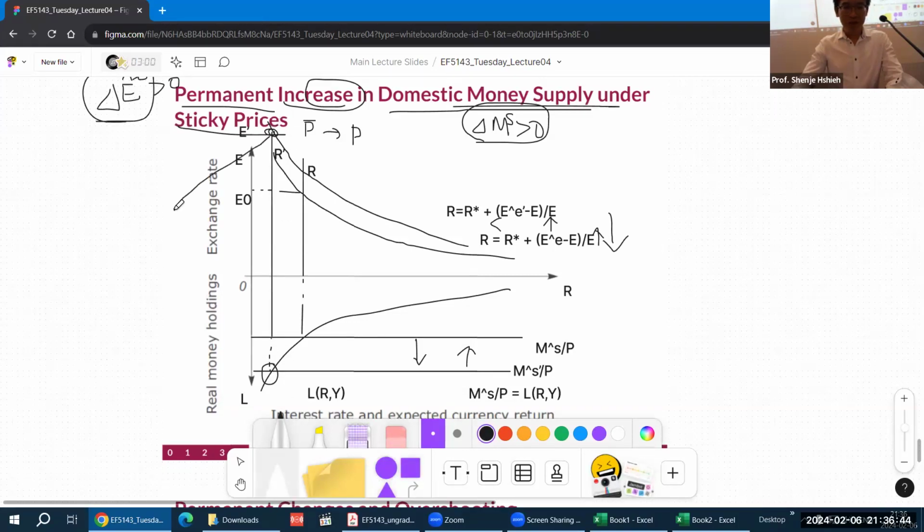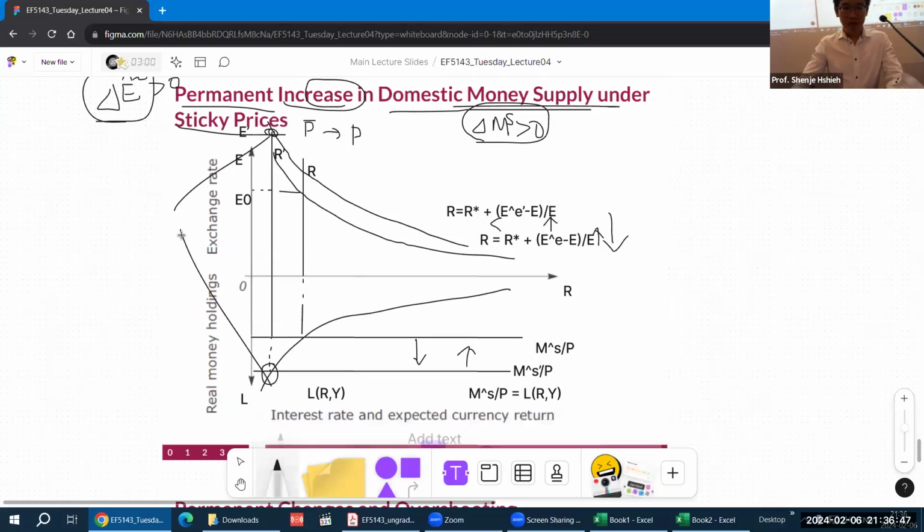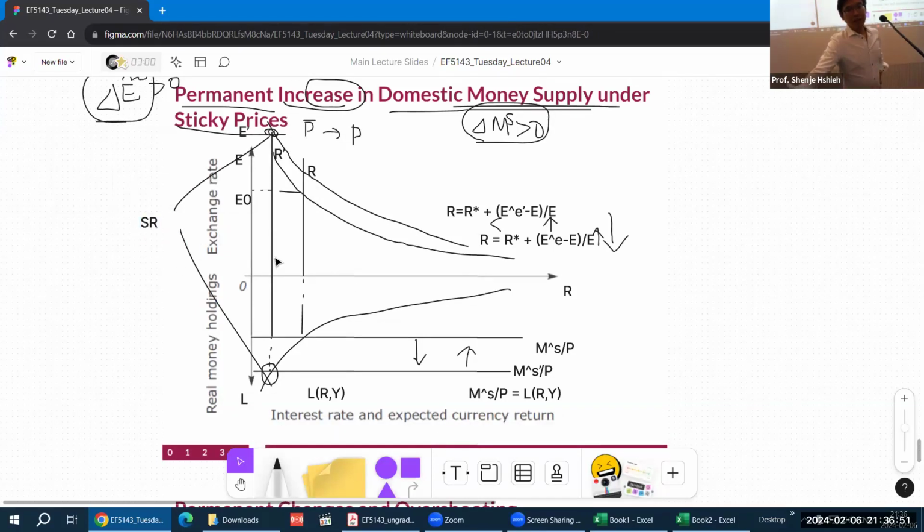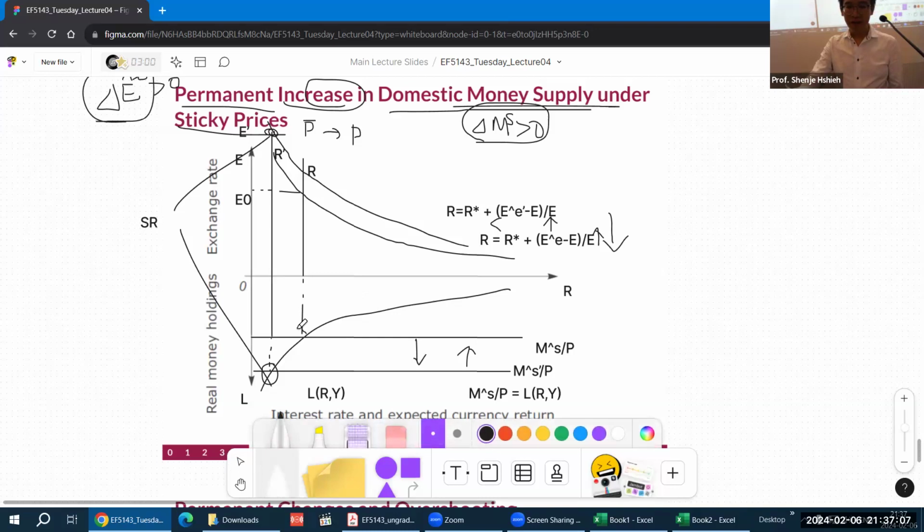So our short run is here. This is our short run, SR for short, okay? In the long run, prices respond to changes in money supply, obviously. The prices will catch up to the change in money supply and therefore eliminate the effectiveness of monetary policy. So we are back here, right?